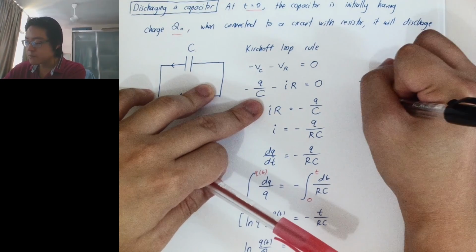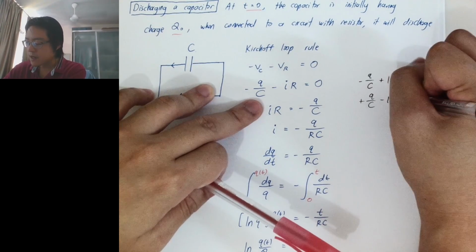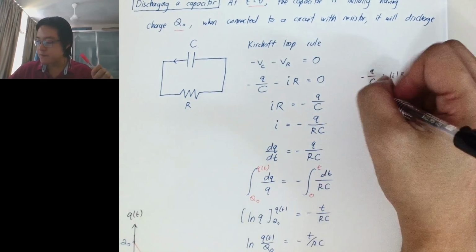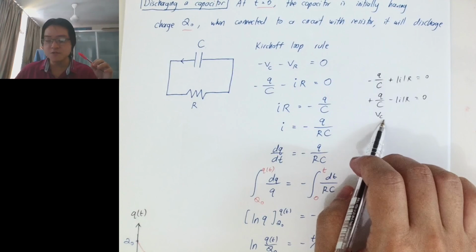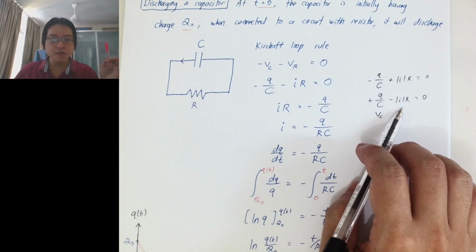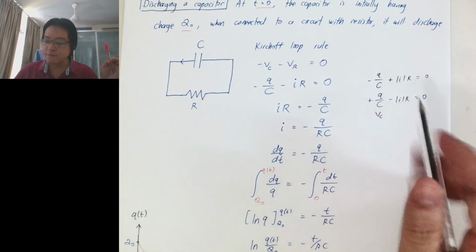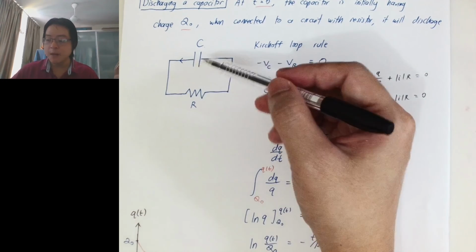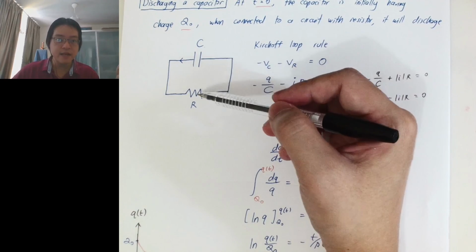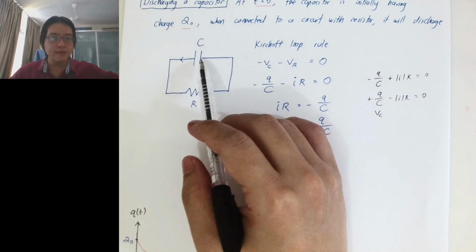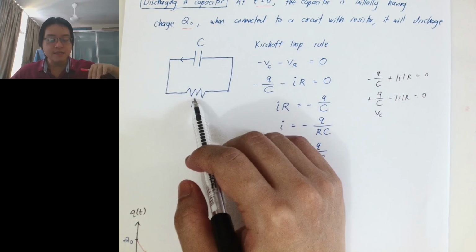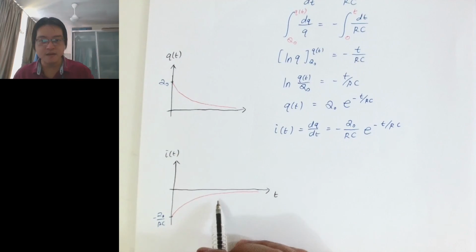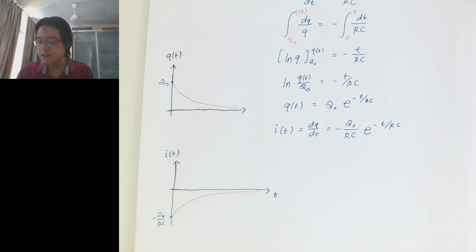So if I bring both sides together, I get Q over C minus IR equals 0. This is where you can see that now VC according to Kirchhoff's rule should be a positive number, and the potential drop across the resistor should be a negative number. Another way you can interpret this situation is that the voltage drop for the capacitor and R is of opposite sign. That means one is serving as an EMF source, the other is using up the electricity. That is how we get our result of the negative current.